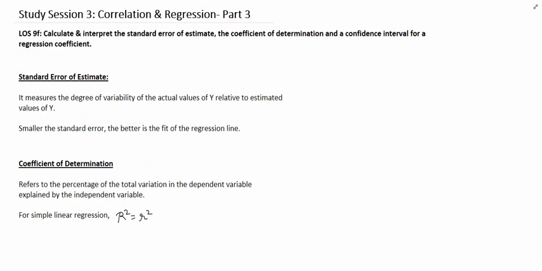Standard error of estimate basically measures the degree to which the actual value of y varies from the estimated value of y, where y is the dependent variable. So basically what it does is it estimates the fit of the regression line.